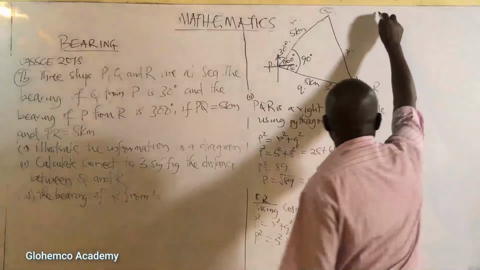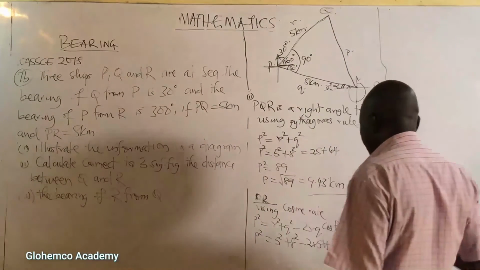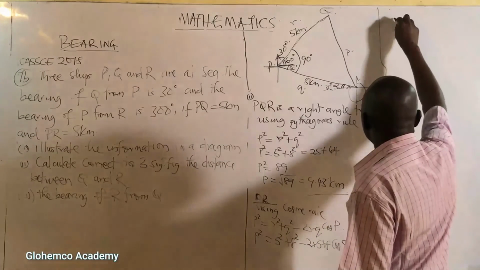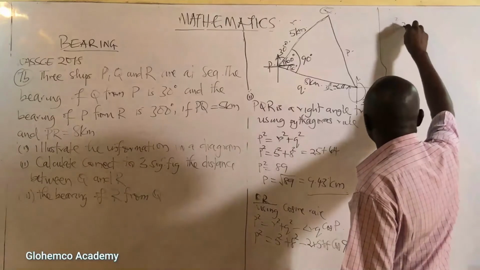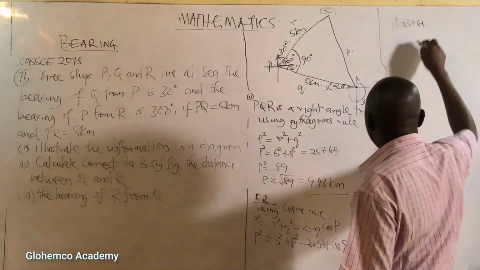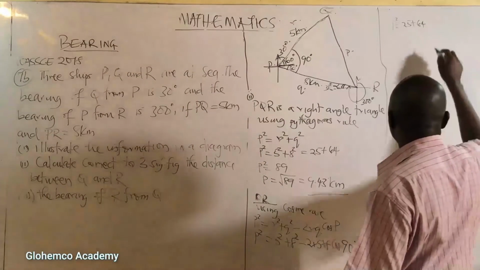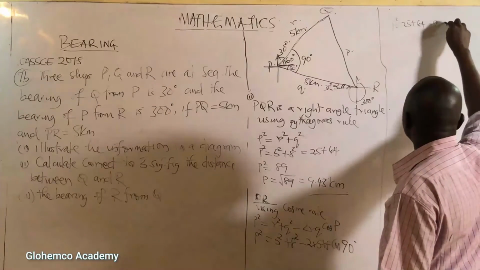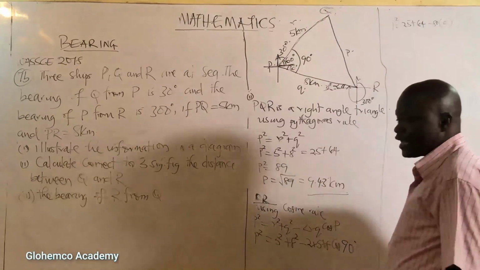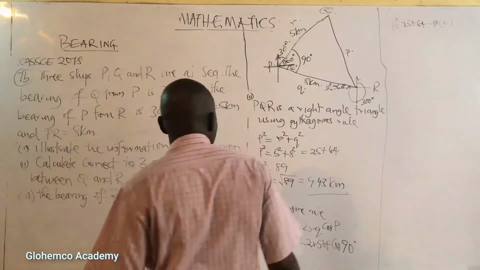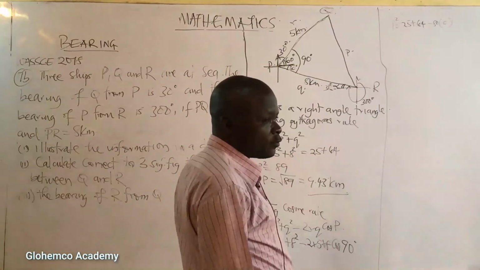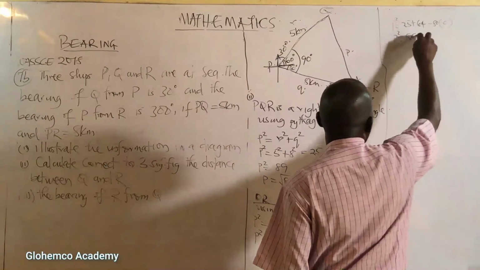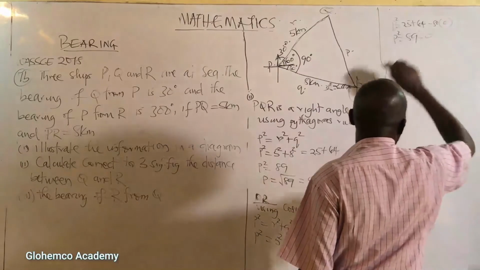Now we'll go ahead and get P. P squared is 25 plus 64, minus 80 cos 90. Cos 90 is equal to 0. Now, anything multiplied by 0 will give us 0. So you now see that at the end of the day, we still arrive at P squared equals 89, because this term becomes 0.